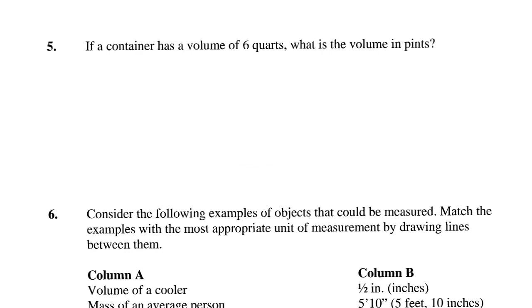For question number 5, what we have to do is we're going to take a look at a container, right? And we're going to go and take 6 quarts, and we're going to turn it into pints, okay? So let's go and write quart as QRT. So we want to know how many quarts is equal to a pint.